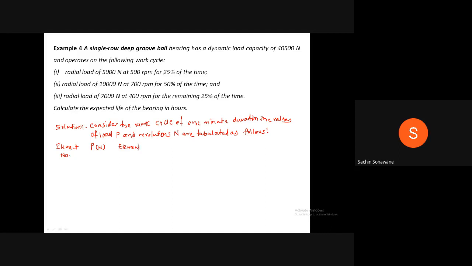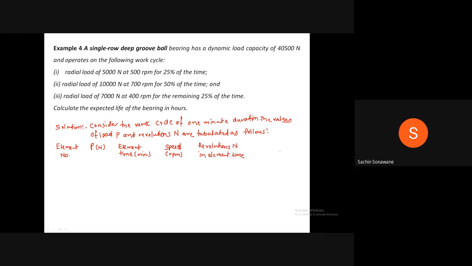Then speed in rpm. Then revolutions n in element time.